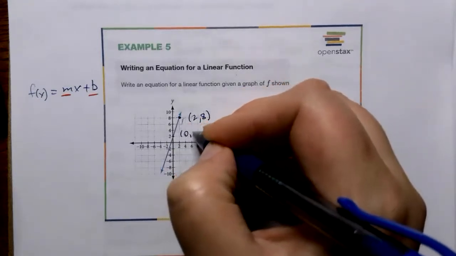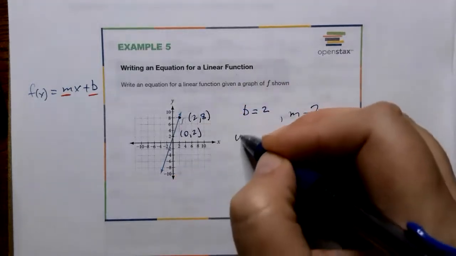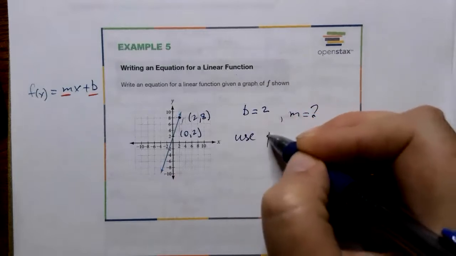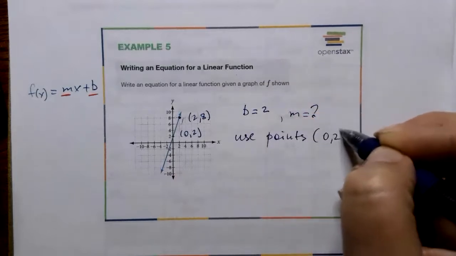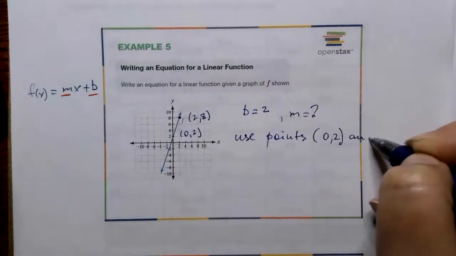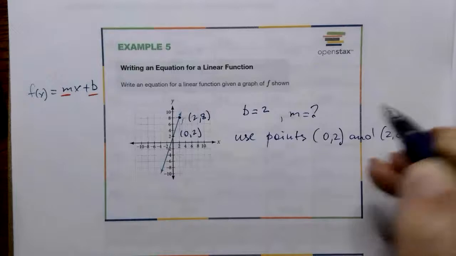That is 0, 2. Okay, so I'm going to use points 0, 2 and 2, 8 to find m.